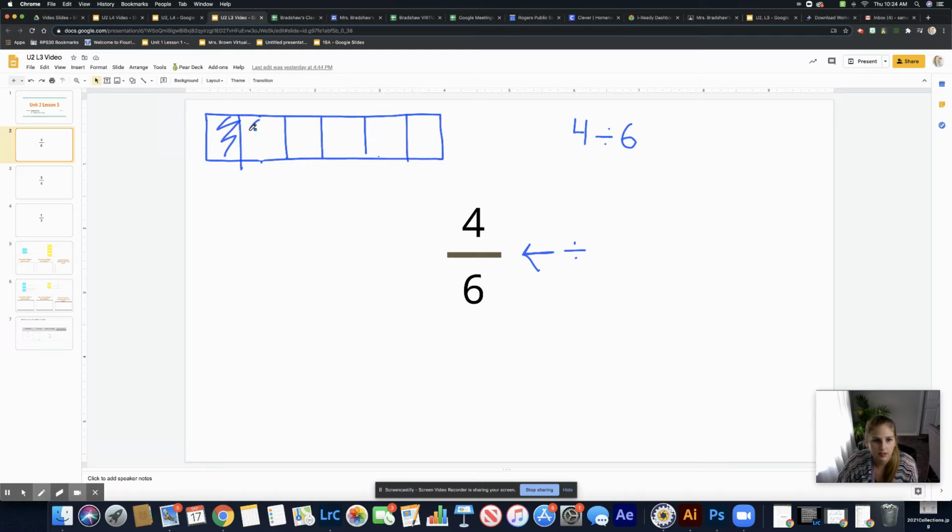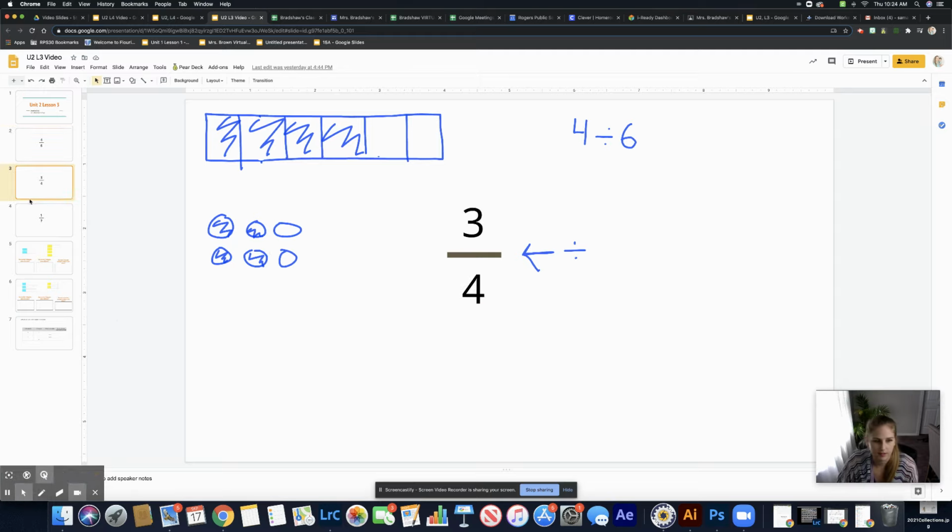So 1/6, 2/6, 3/6, 4/6. That would be 4/6. Another way I can model 4/6 is drawing 6. If you thought of these as cookies, I would have that one, that one, that one, and that one. So 4 out of 6.